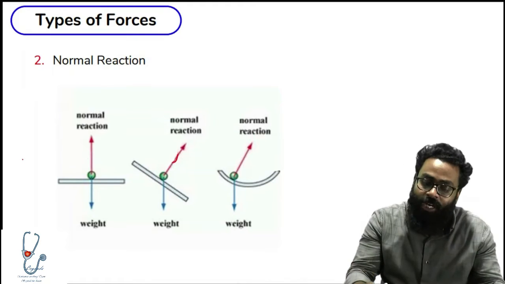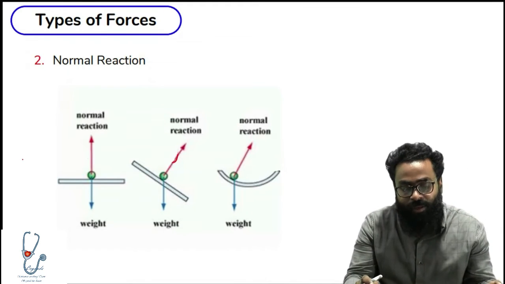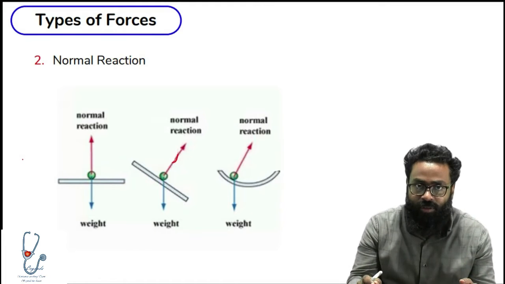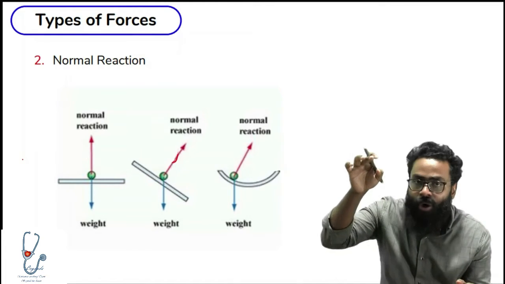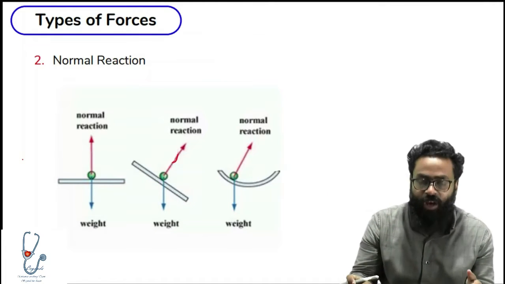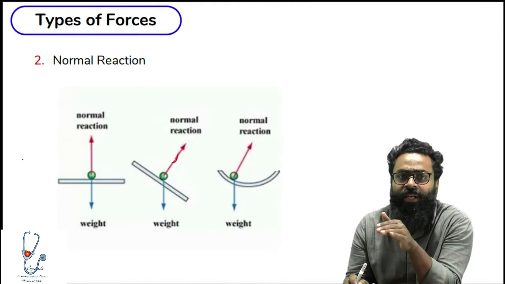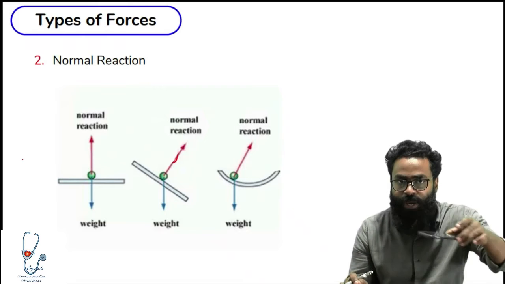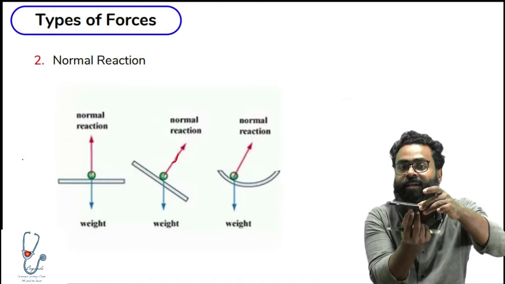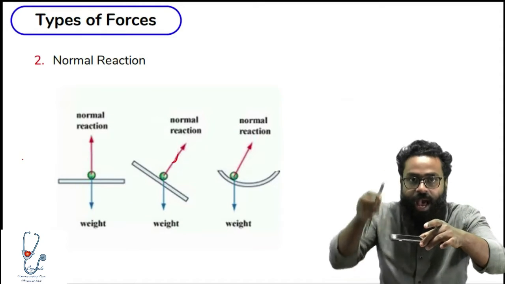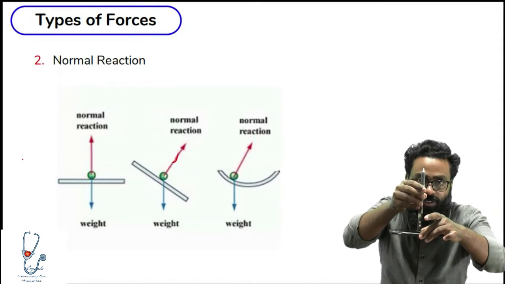Clear that? Then the next one describes the normal reaction as seen in different types, in an inclined plane or in a rounded structure. Here in the picture we see a plane. The force exerted downwards means that the weight is downwards and the normal reaction is upwards.